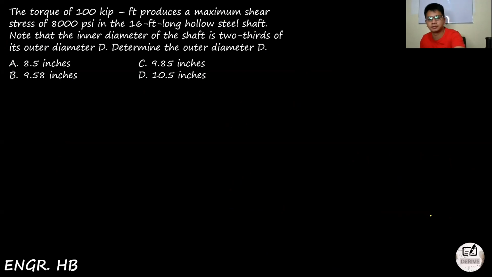Okay, so let's proceed to the fourth question. The torque of 100 kip feet produces a maximum shear stress of 8,000 psi in the 16 feet long hollow steel shaft.